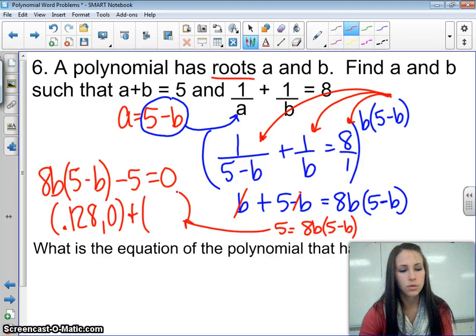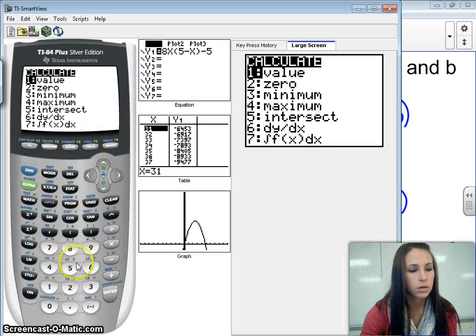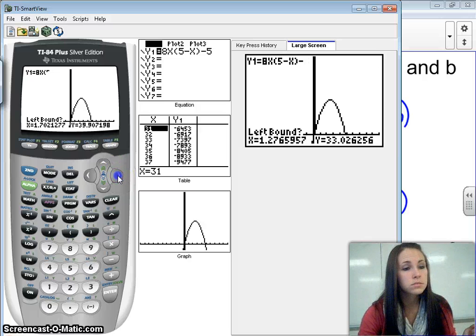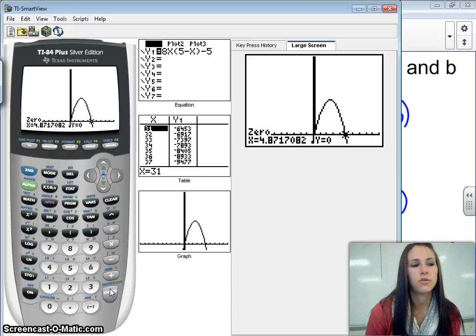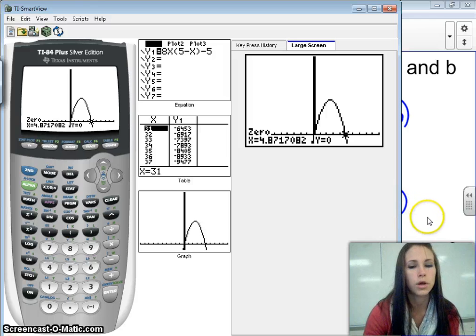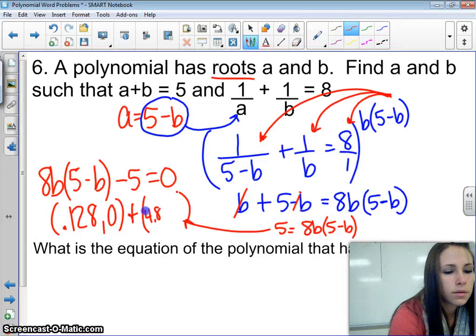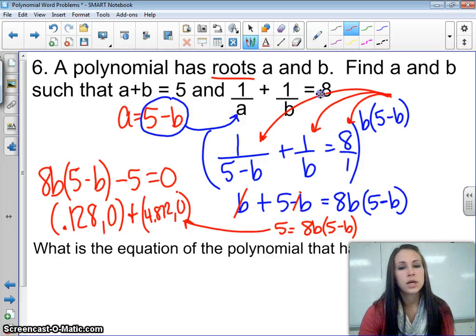The second zero I'll go find over here. So second calc, zero. So I'll go to the left, go to the right, and so that second zero is going to be at 4.871 or 4.872 if I round it, comma 0.